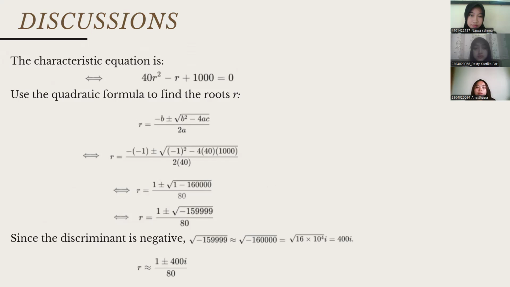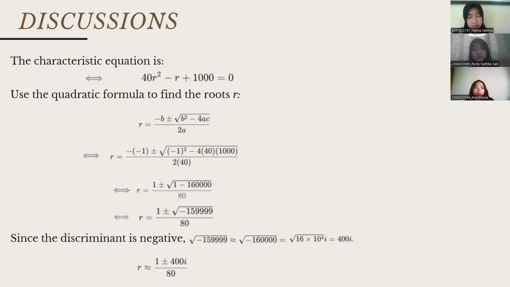Use the quadratic formula to find the roots r. We use r equal to minus b plus or minus the square root of b squared minus 4ac, over 2a. So r equals 1 plus or minus the square root of minus 1 squared minus 4 times 40 times 1000, over 2 times 40. r equals 1 plus or minus the square root of 1 minus 160,000, over 80.